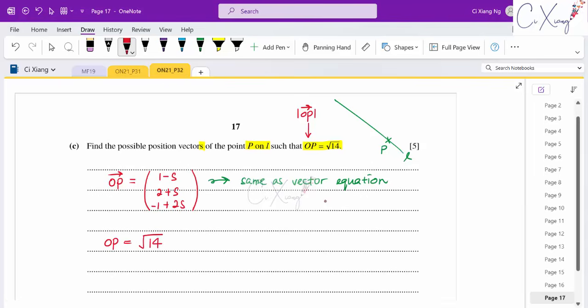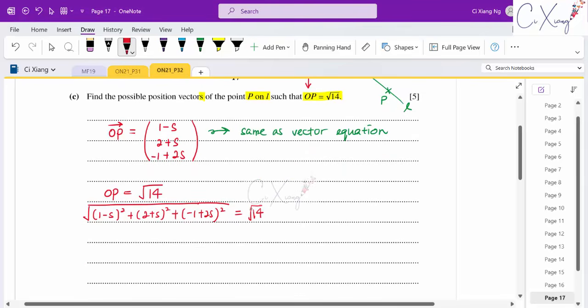The modulus of OP is the length of OP, where you have the square root of the x component squared plus the y component squared plus the z component squared, equals square root 14. The square root on both sides can be cancelled off.